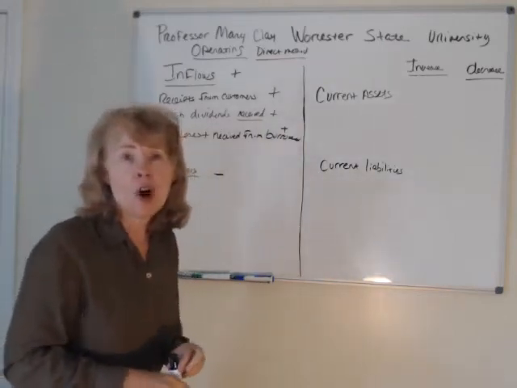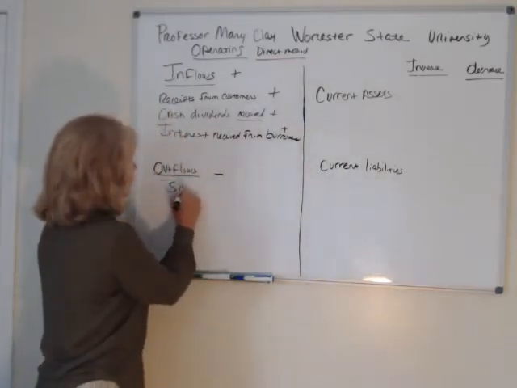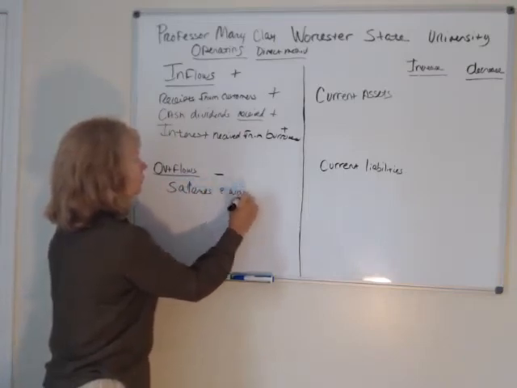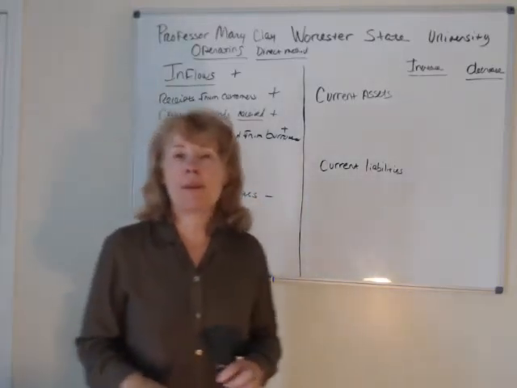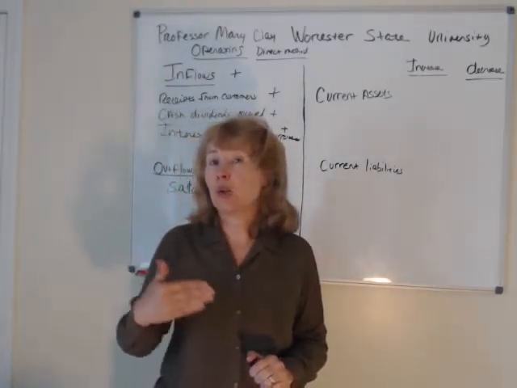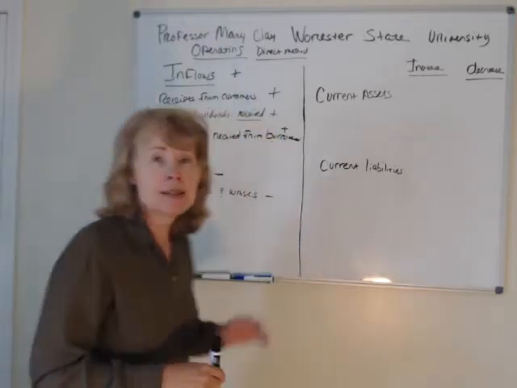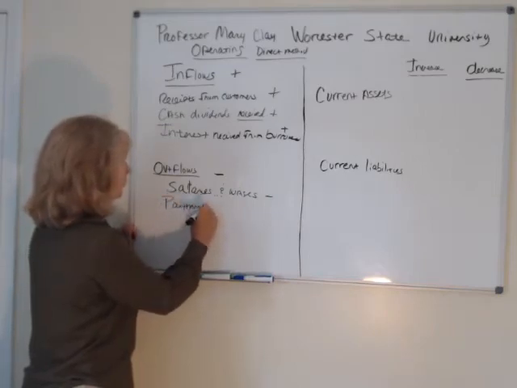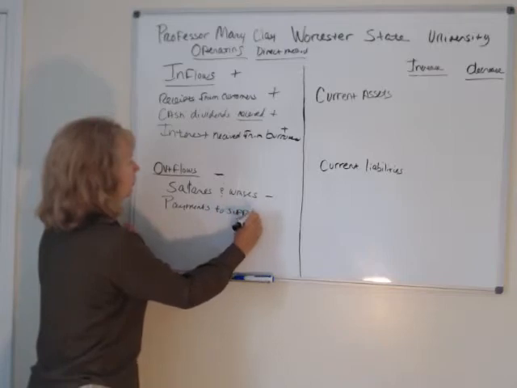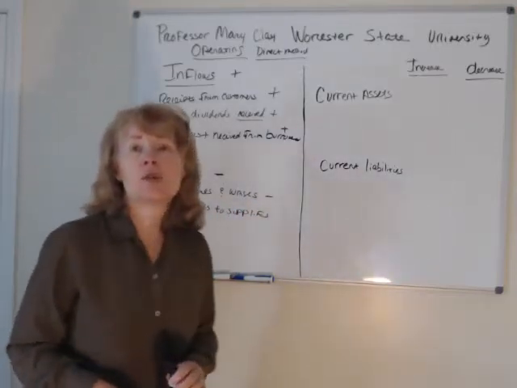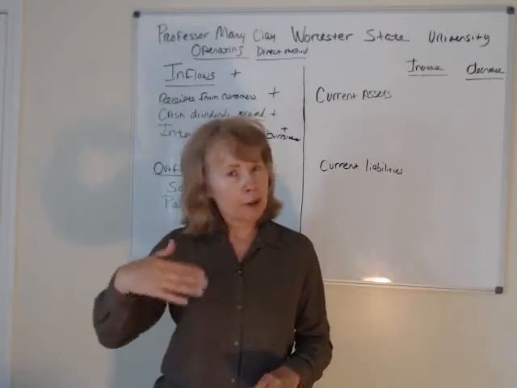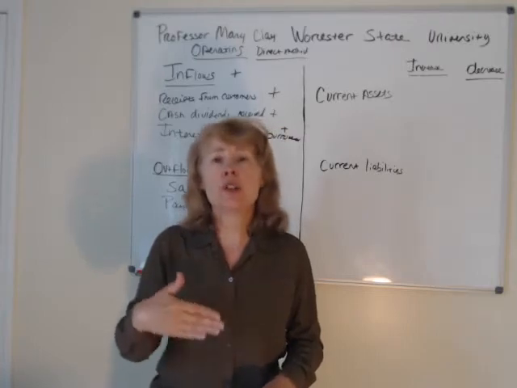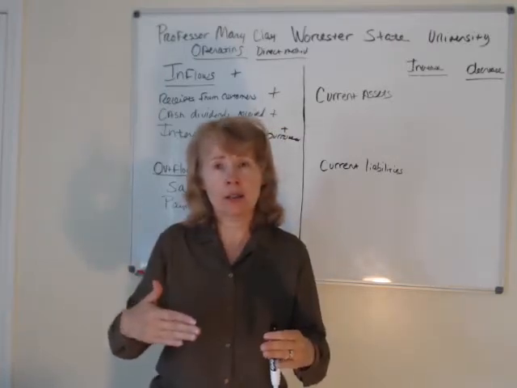Here are the outflows for your operating section. Salaries and wages. This will be a minus. So what's happened? You debit salaries expense, you credit cash. Payments to suppliers. This one, give me a few minutes to explain this entire transaction. Your company originally purchased inventory on credit.